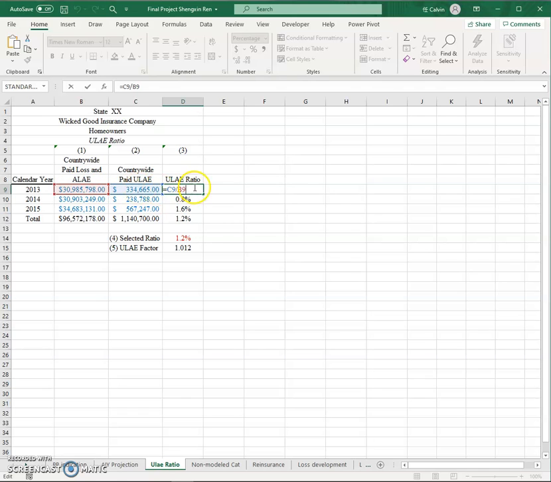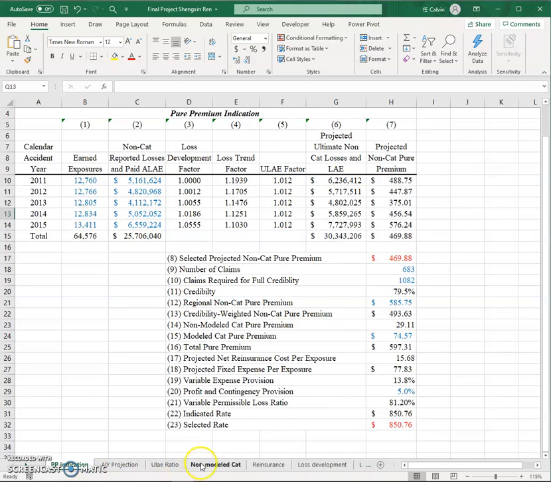We get a ULAE ratio from 2013 to 2015, and I get the average of these 3 years, and that's our selected ratio. As for the ULAE factor, it's just 1 plus the selected ratio, and we get the ULAE factor later used on PB indication.